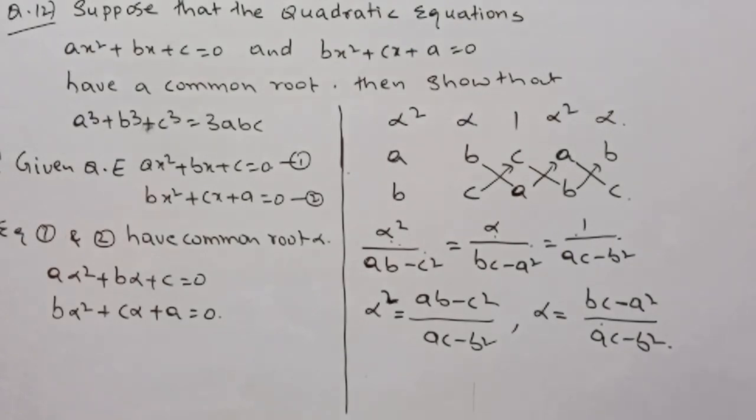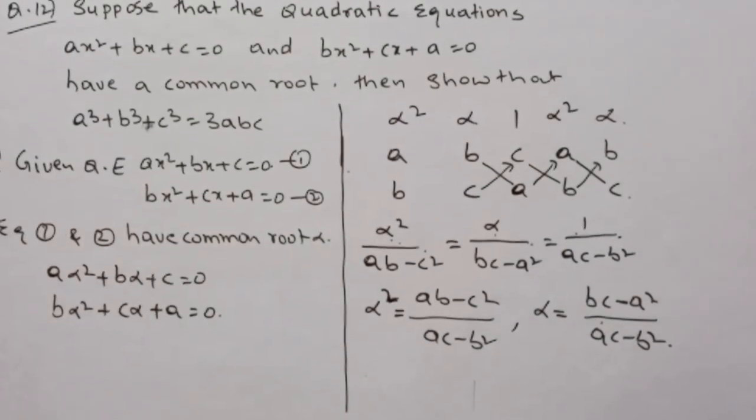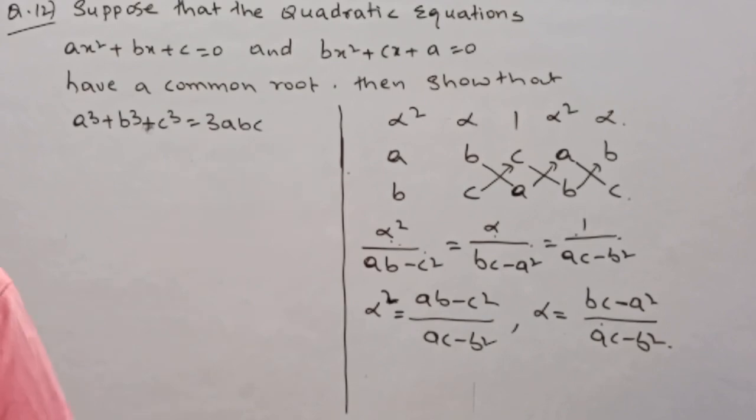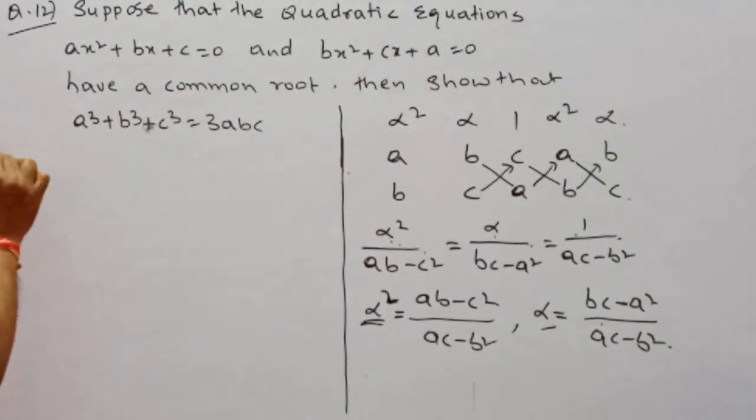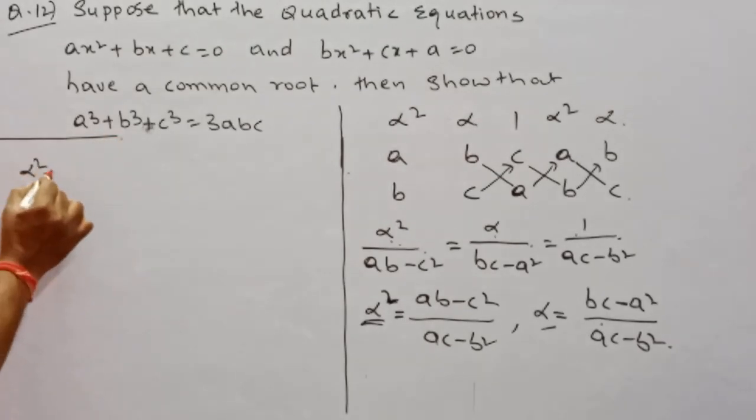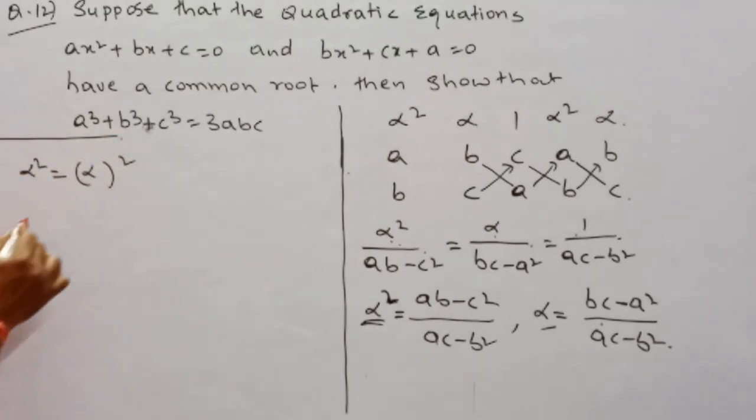Then after, you see here, alpha square is equal to alpha whole square.